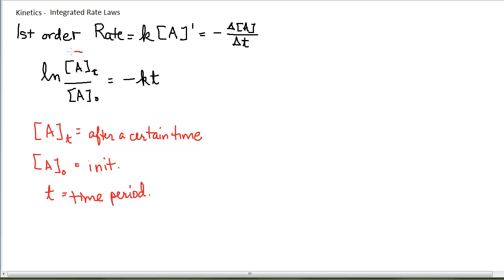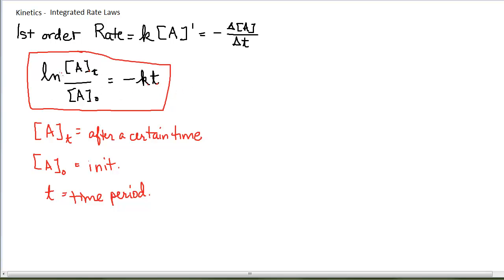So this equation, which has a couple of different forms, but this is one of those forms, essentially has four variables. It has the concentration of our reactant after a certain time, an initial concentration of our reactant, a rate constant, and the time period we're talking about. And typically we use this in the cases where we know three of these variables and we're trying to find a fourth.